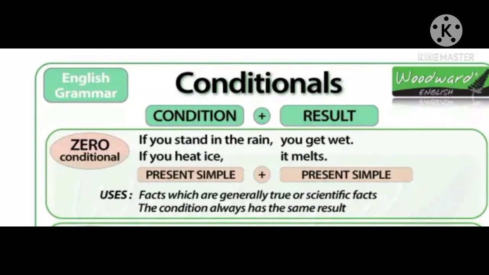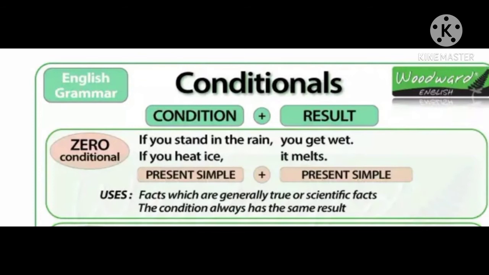Here is how to use the zero conditional sentence. The format to use is if condition in present simple, and then main clause also in present simple. Okay, let's analyze the given example.